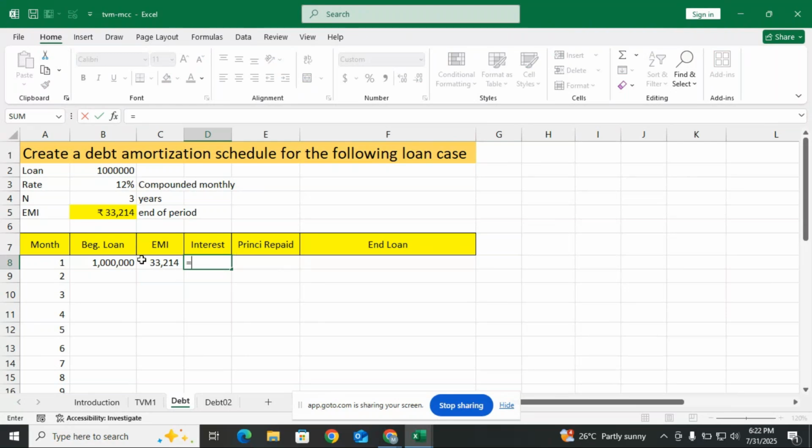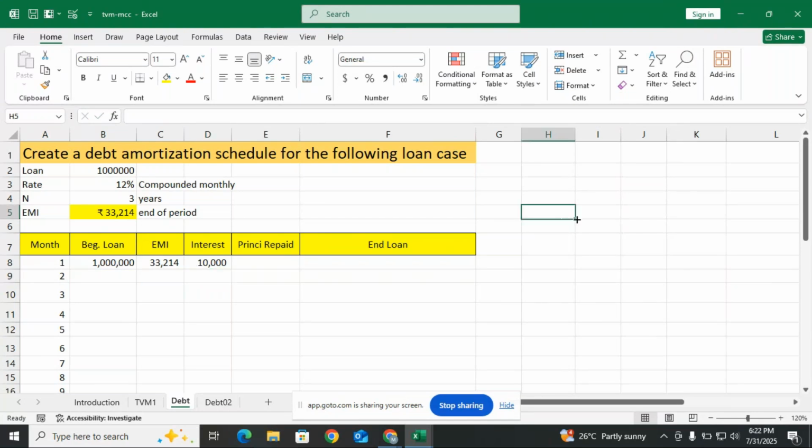So equals to loan amount into, what is the interest rate? It is 12% divided by 12. And press enter. You should be able to get the interest as 10,000.